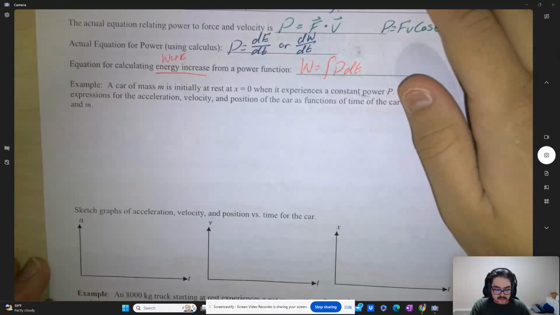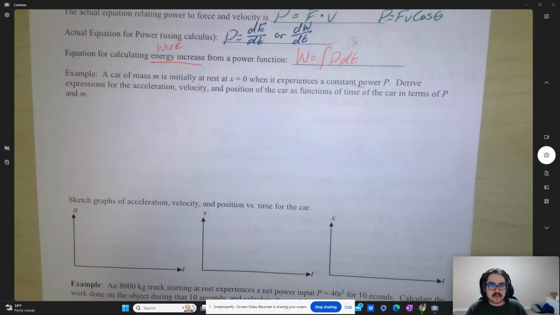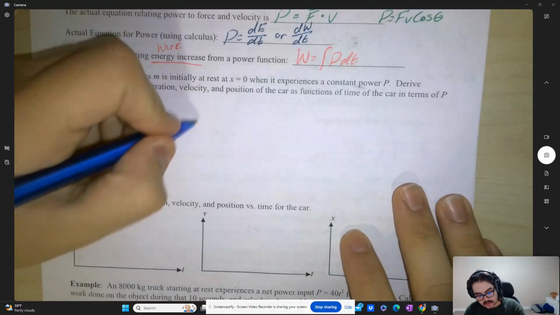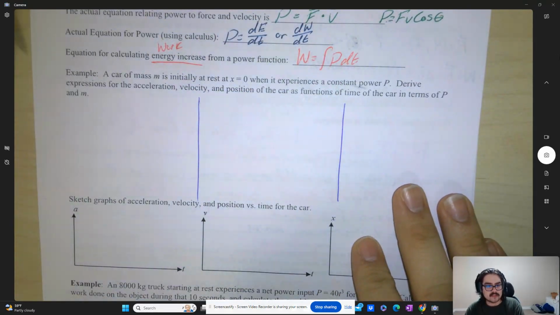Here's a pretty quick example. A car of mass m is initially at rest at x equals 0 and experiences constant power p. Derive expressions for the acceleration, velocity, and position of the car as functions of time in terms of p and m. Okay, I need to figure out my velocity function, and from there I can get my position and acceleration.